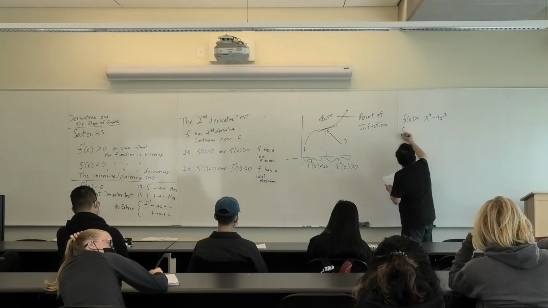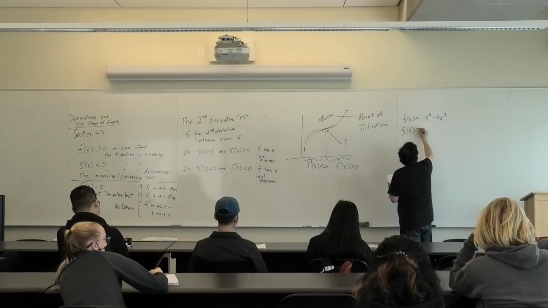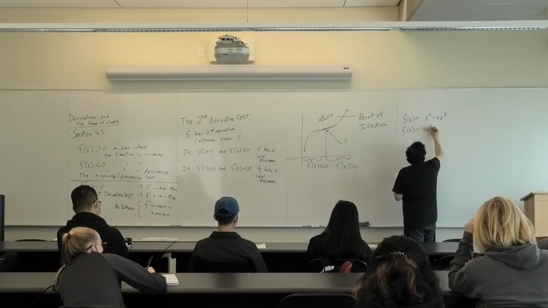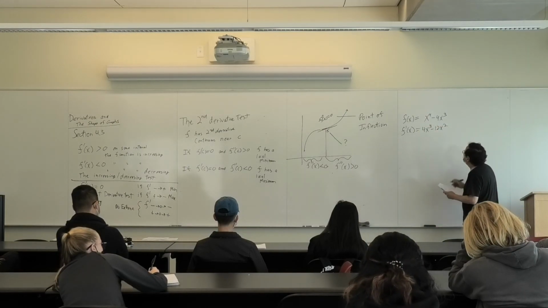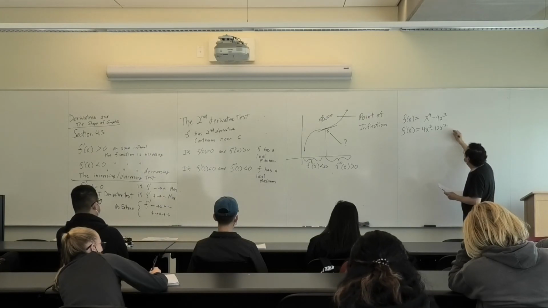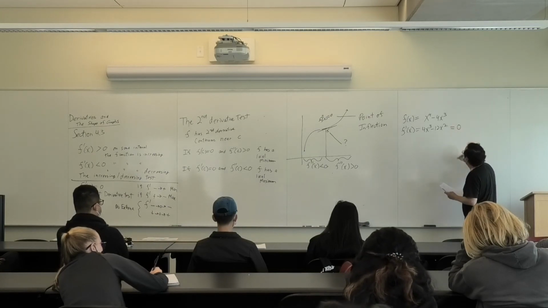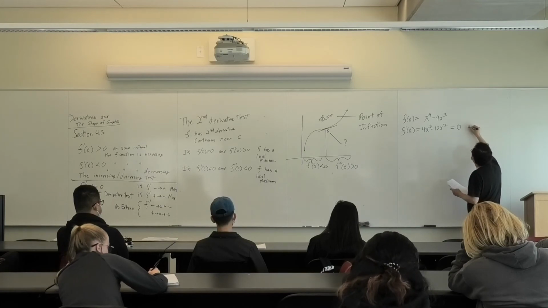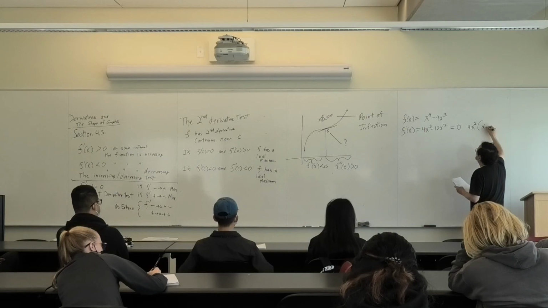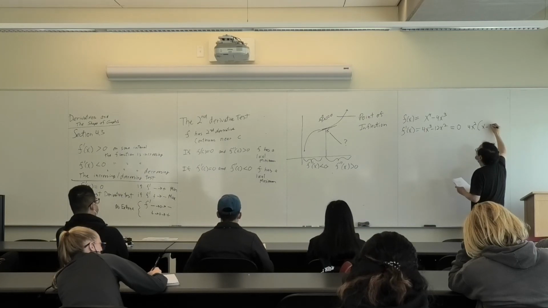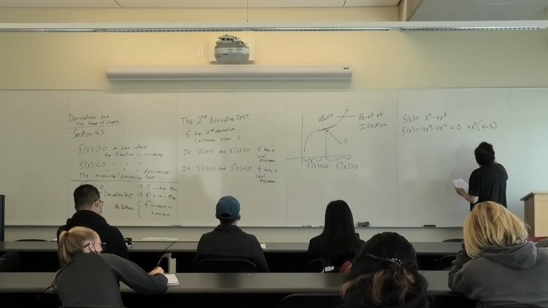So first we find the first derivative. It's 4x cubed minus 12x squared. And let's find the zeros. Okay, so it's going to be 4x squared times x minus 3.